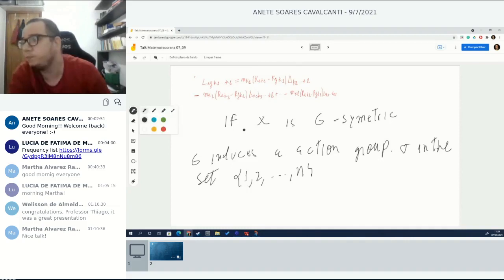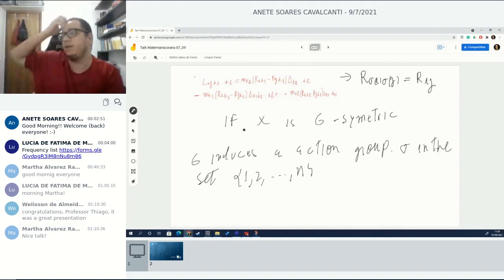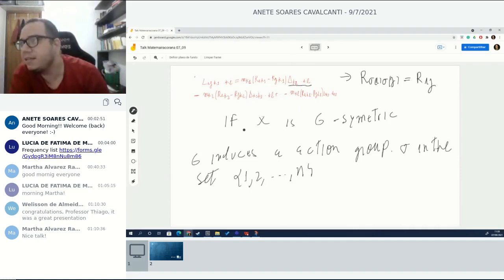Then we have this action, and note that r of sigma a, sigma j is equal to r a j, because this group is a subgroup of an orthogonal group. And this is a determinant.